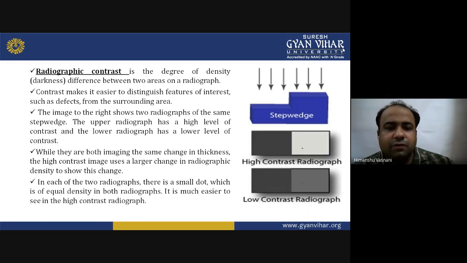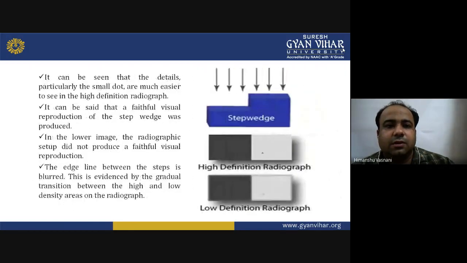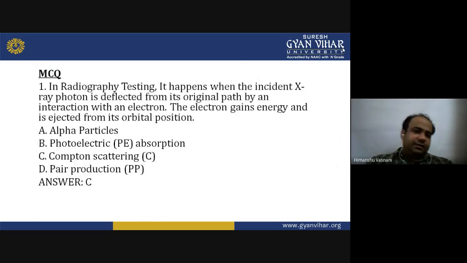Okay, so now we will discuss the MCQs for today's lecture. In radiographic testing, it happens when the incident X-ray photon is deflected from its original path by interaction with an electron. The electron gains energy and is ejected from its orbital path.